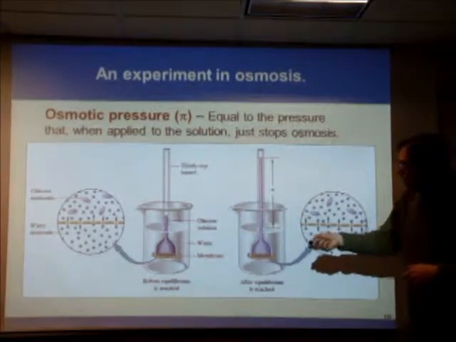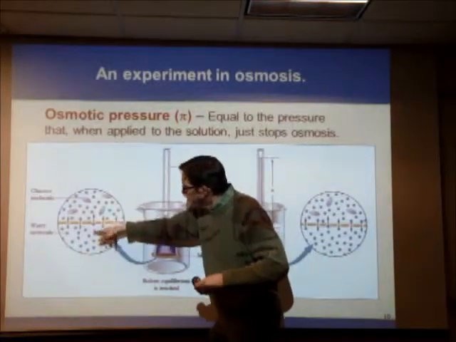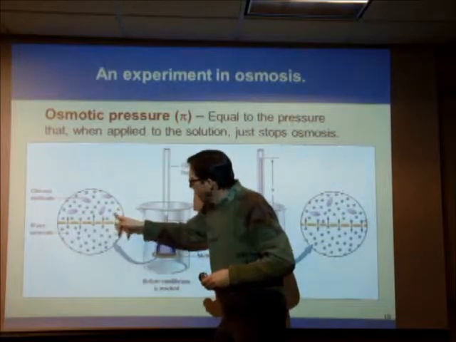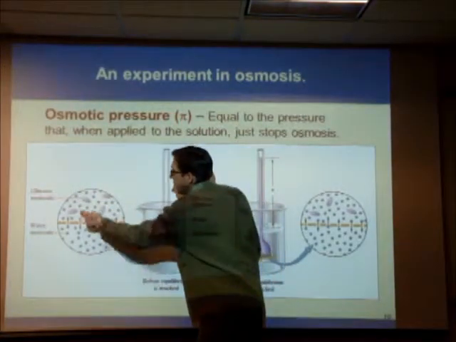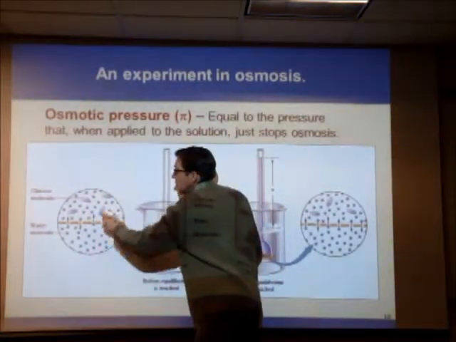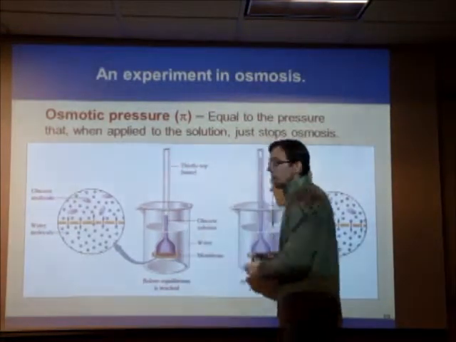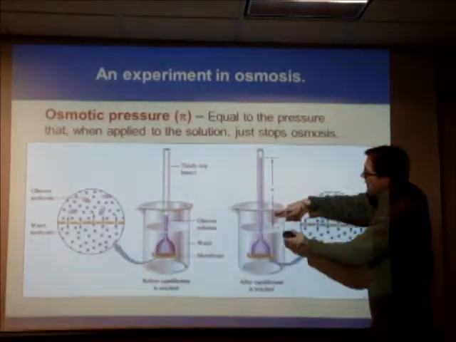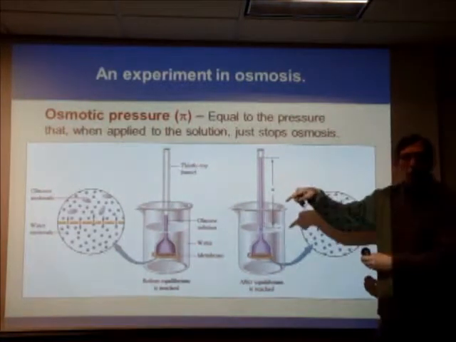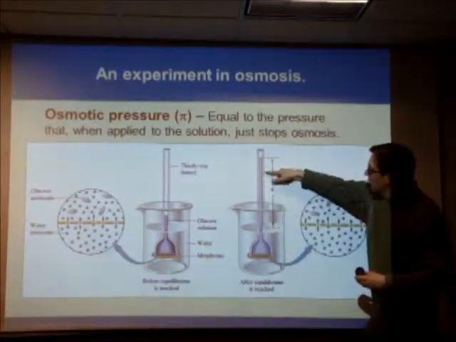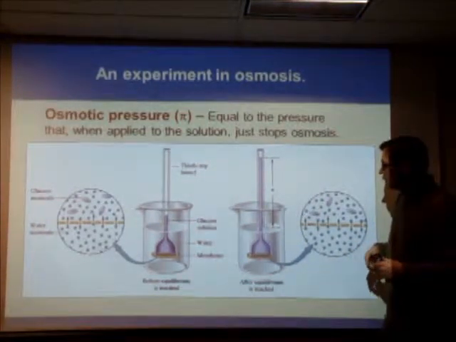And as shown here, you can see the water molecules are moving back and forth, but more water molecules are moving up than down. And as they do this, they're diluting out the glucose concentration, and so water is moving in, and you can actually, over time, measure how far it's gone, and you can get a rate at which this solution is rising inside that thistle tube.